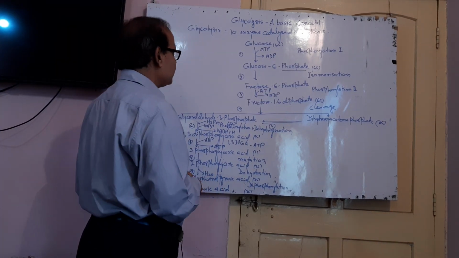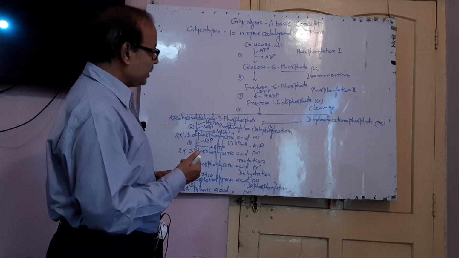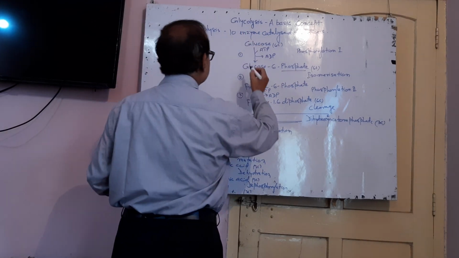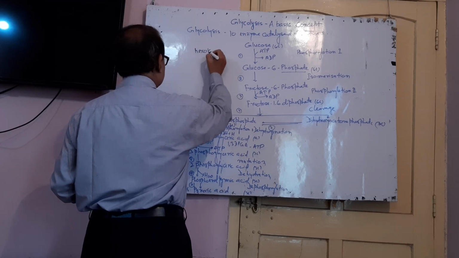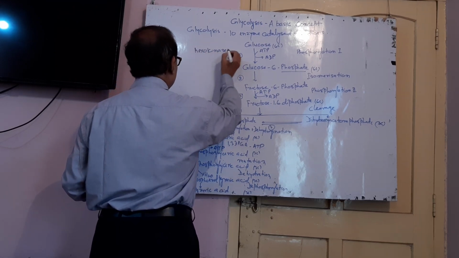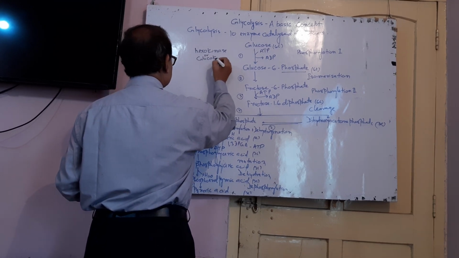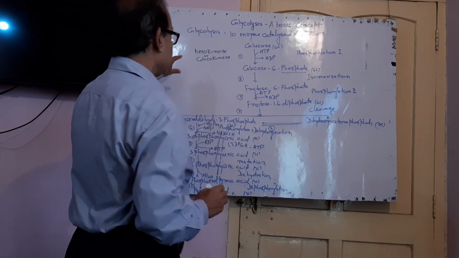Now we will discuss the enzymes involved in glycolysis. The first enzyme is called hexokinase or glucokinase.